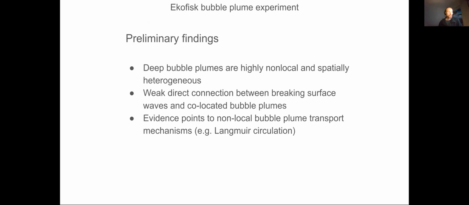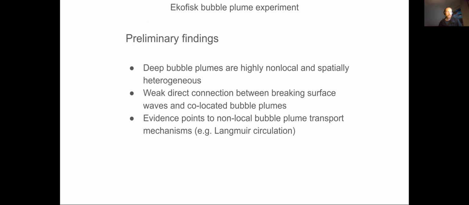Yeah, so to summarize the preliminary findings of these experiments, we find that bubble plumes are very non-local and also spatially heterogeneous. We can't find a direct connection between the bubble plumes, especially the deep bubble plumes, and the whitecaps on the sea surface.